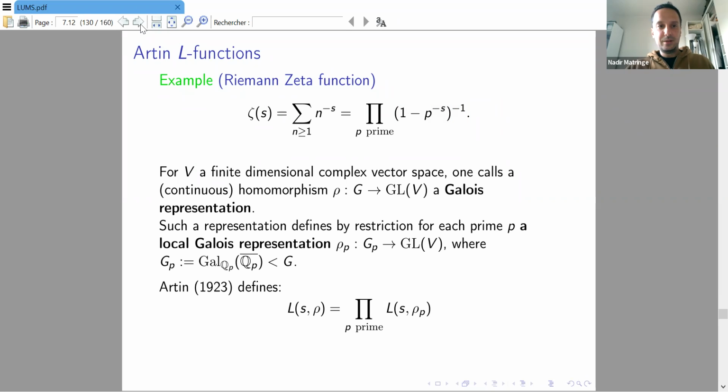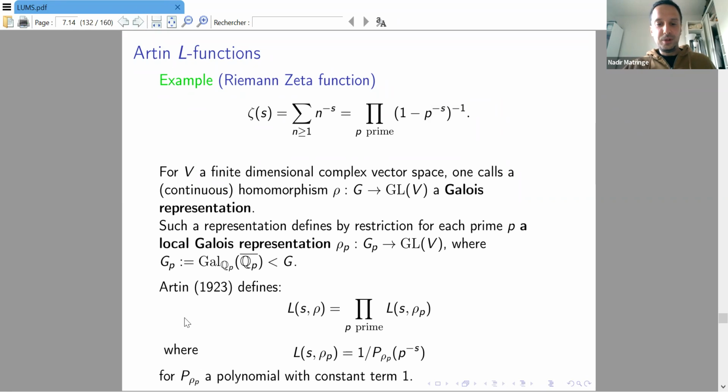So more precisely, the local L functions are the inverse of a polynomial in p to the minus s. So here the polynomial is 1 minus X, the constant term of which is equal to 1.